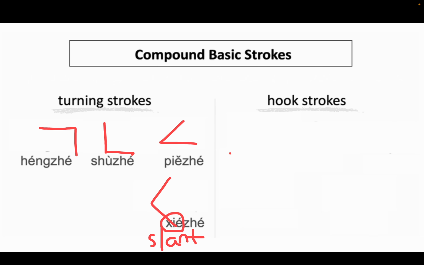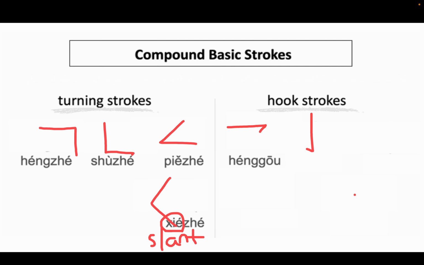Now we're going to tackle the hook stroke. Hook in Chinese is 钩. So the first stroke would be, what do you think? How do we name this stroke? You got it. It's 横钩. How about this?